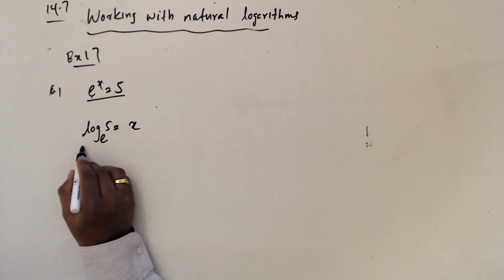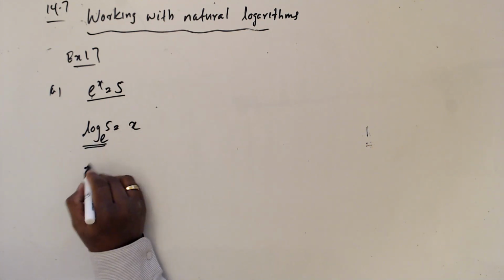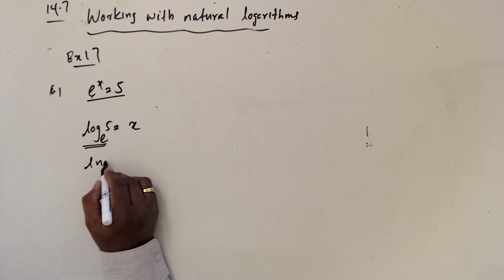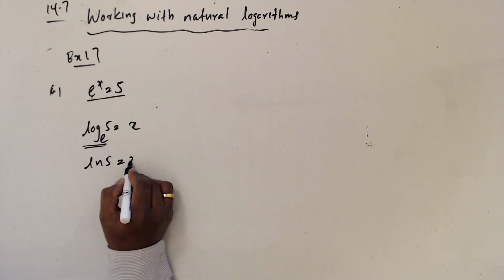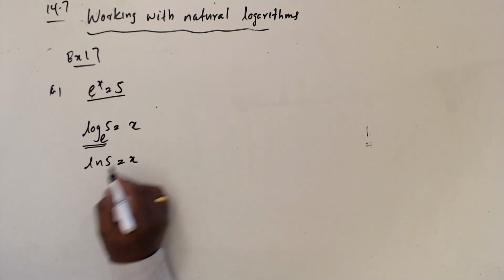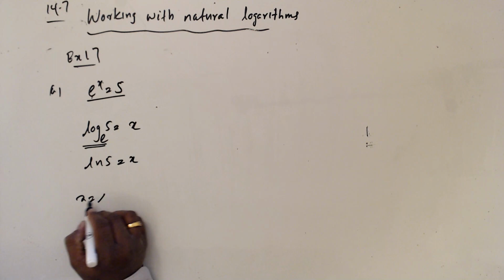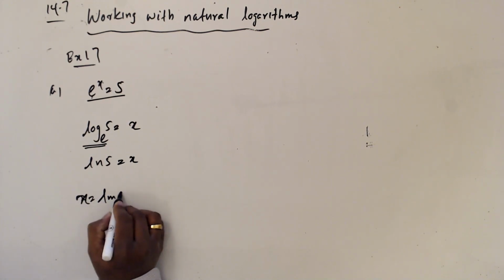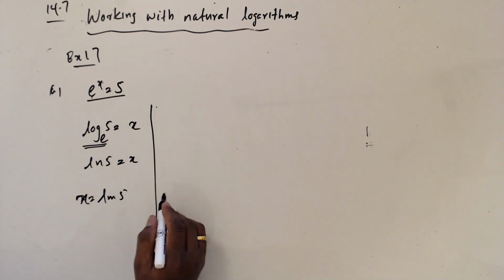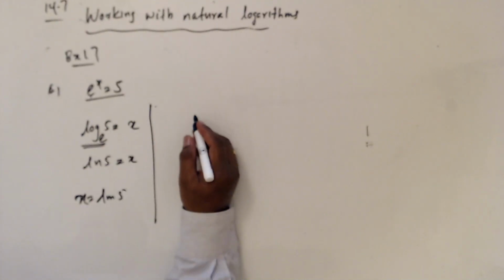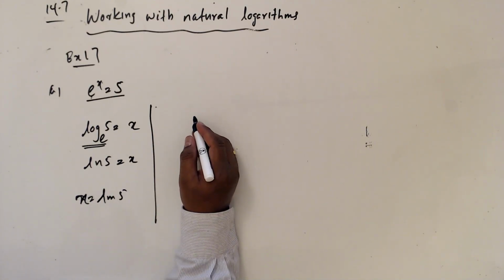So we simply write x equal ln 5. Or we consider this as an inverse operation.